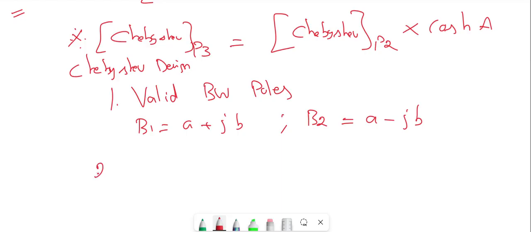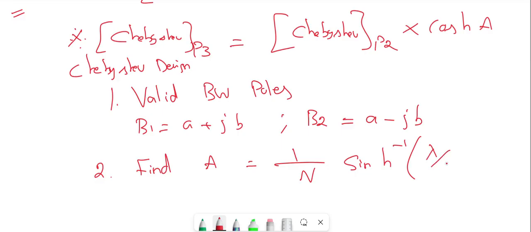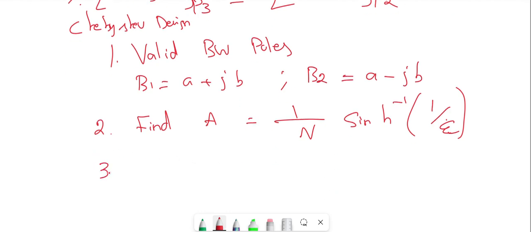Second step, find A equal to 1 by n sinh inverse of 1 by epsilon. Once A is found, find tanh A and cosh A.